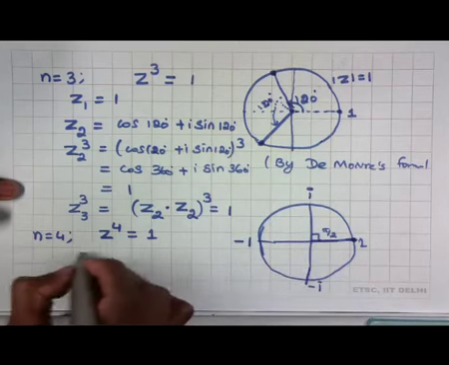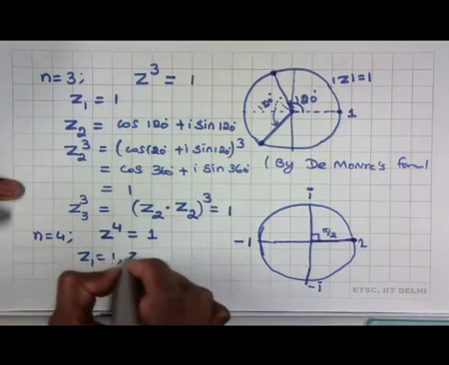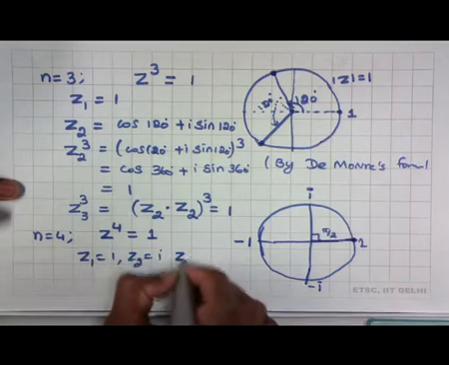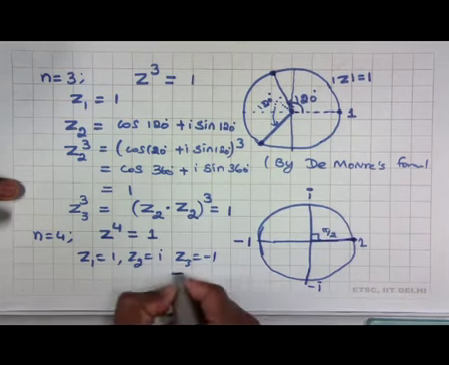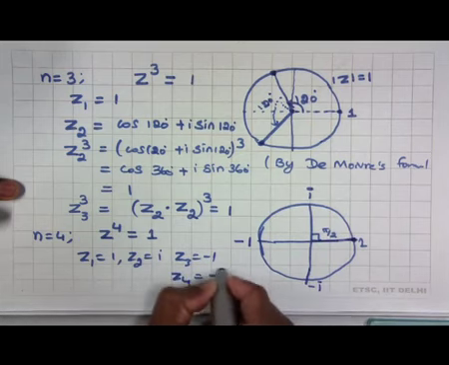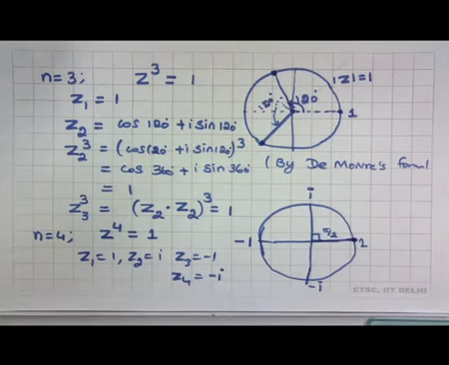So, here Z1 is 1, Z2 is i, Z3 is minus 1, Z4 is minus i.